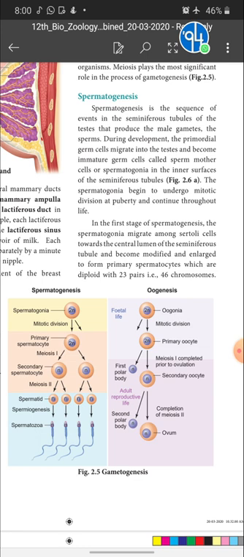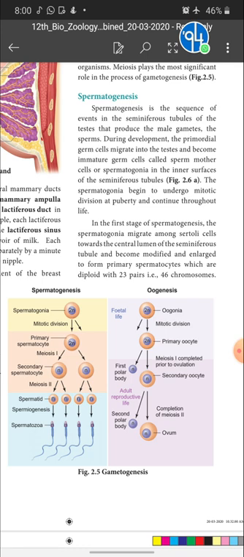You know children, the seminiferous tubule is a tube-like structure. It is lined with the Sertoli cells and it also consists of a lumen. You know very well, wherever there is a tube there should be a lumen inside. Lumen means what? The cavity inside. So what will the spermatogonia do?